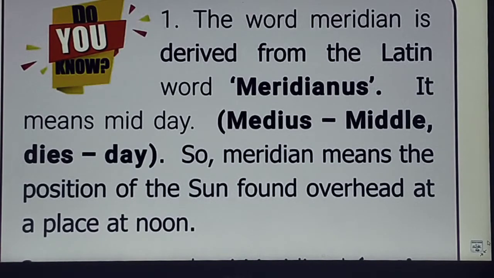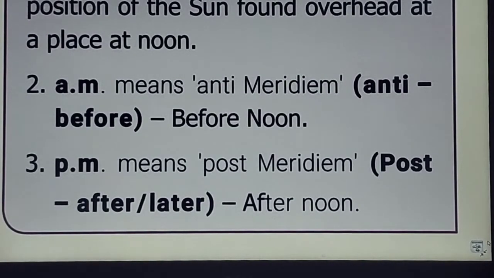So meridian means the position of the sun found overhead at a place at noon. AM means ante meridiem, before noon. PM means post meridiem, after noon, the afternoon.